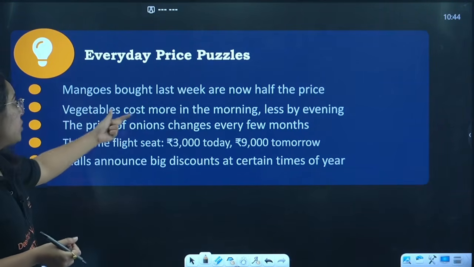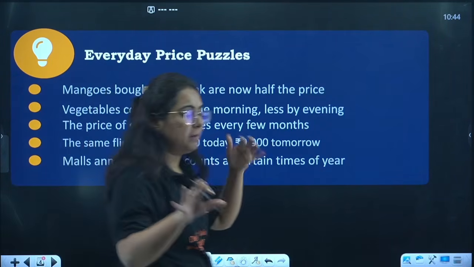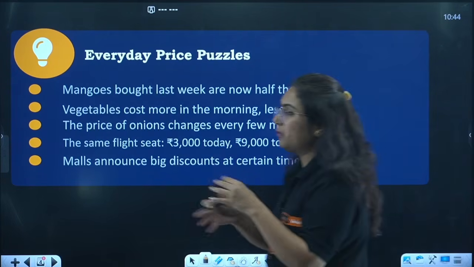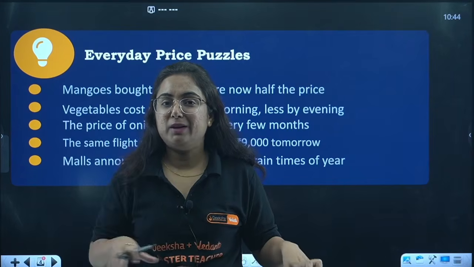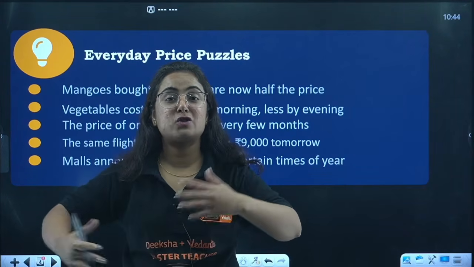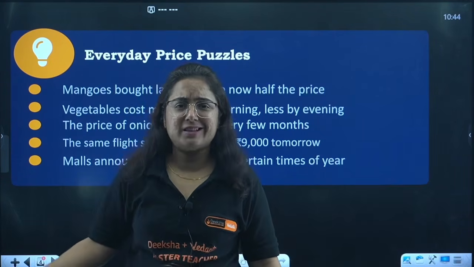Like vegetables cost more in the morning and less by the evening. It's always been said by my mom whenever we used to go for vegetable shopping that we will go in the end. Because in the end, the vendors just want to release their stock and they will decrease the price eventually. They don't want to take the products back home.